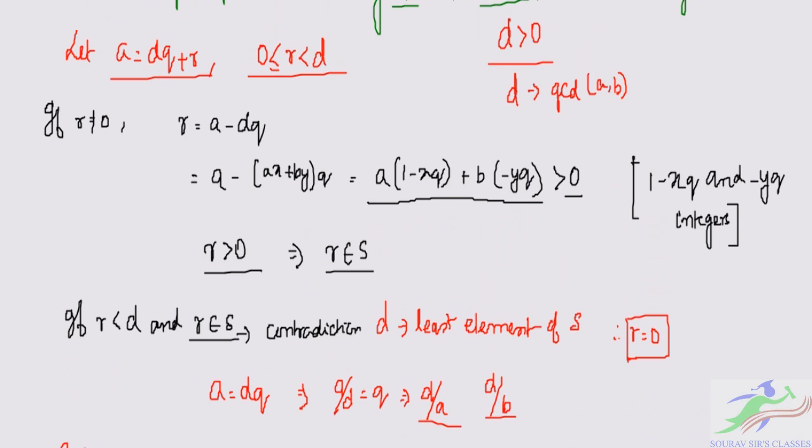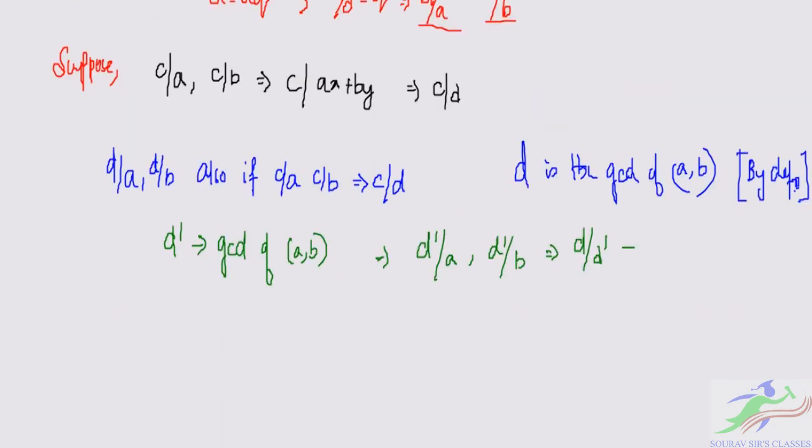So that is equation number 2. So this will be equation number 3. Similarly, we can write for C, that D divides A, D divides B, which implies D divides D prime.